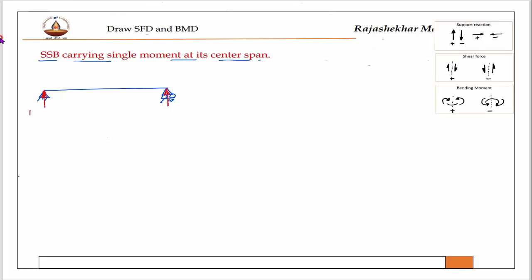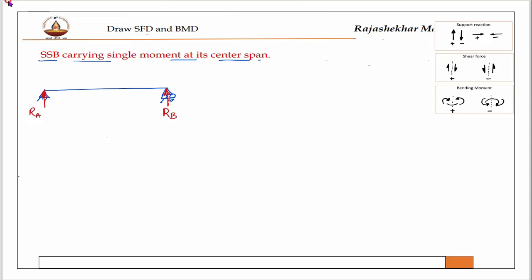We can call this RA and this one RB. At this point there is a hinge, therefore you will have HA, the horizontal reaction at A. But while dealing with today's problems, I am considering only vertical forces. Therefore, I can ignore this horizontal force. Here, for reactions, I will consider both RA and RB alone.